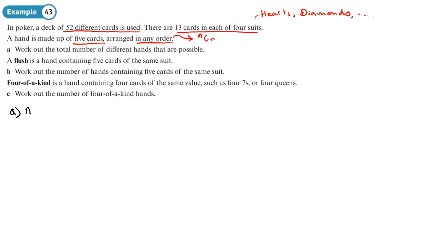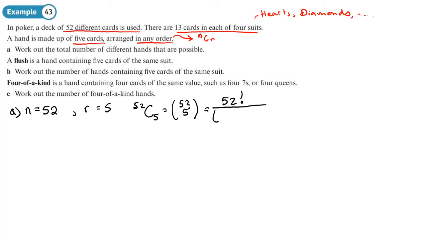So we have n equals 52 because we're choosing from 52, and the number of items we're choosing is 5. So we need to work out 52 C5, which can be written as 52 over 5 in brackets. We'll use our calculator, but we'll write down what it is if we're working out manually: 52 factorial divided by 52 minus 5 factorial times 5 factorial.